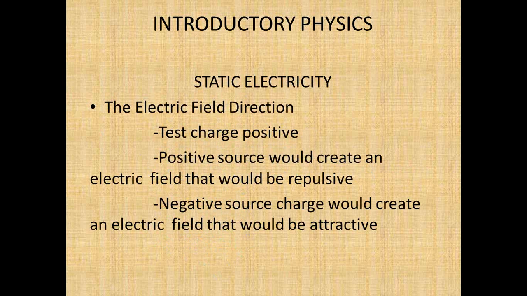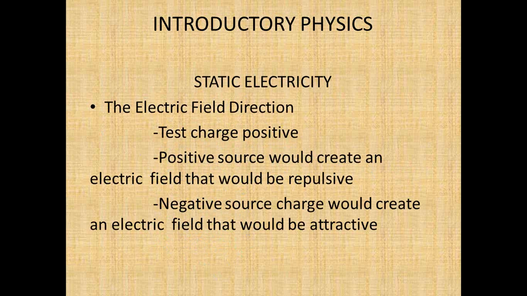The convention is to think of the test charge as positive. If you get this concept, you don't have to memorize anything. Just imagine you have a source charge, a charged object, and it's going to have an electric field around it. It's going to be attractive or repulsive, you don't know. But the convention is to think of the test charge as positive.